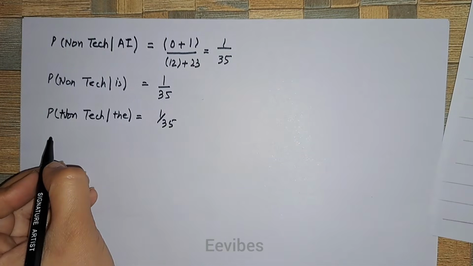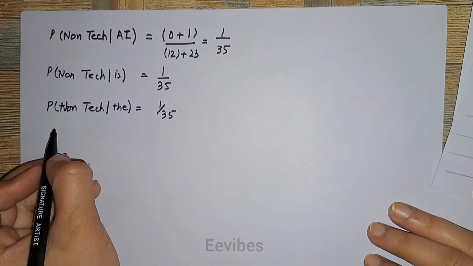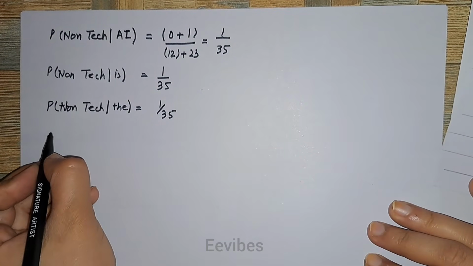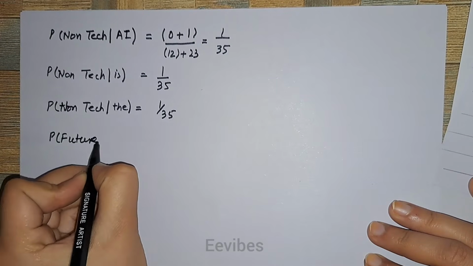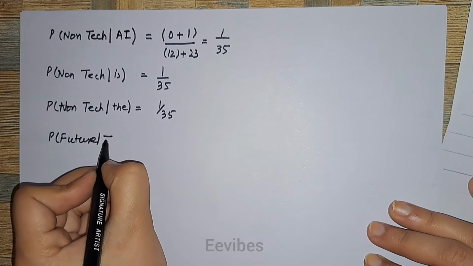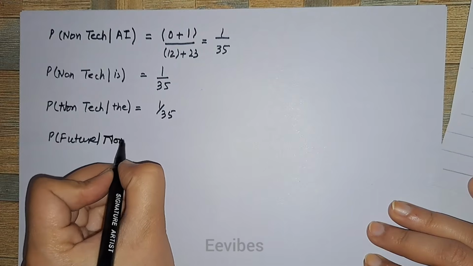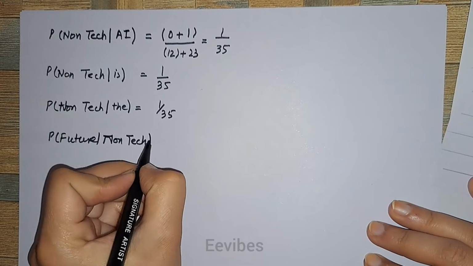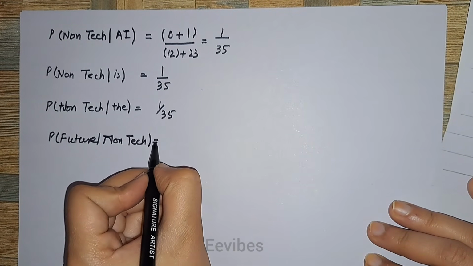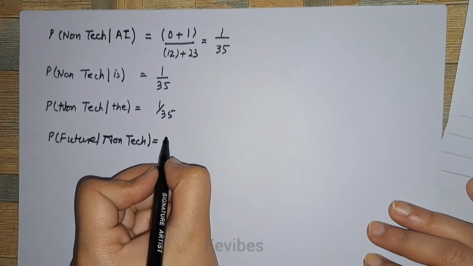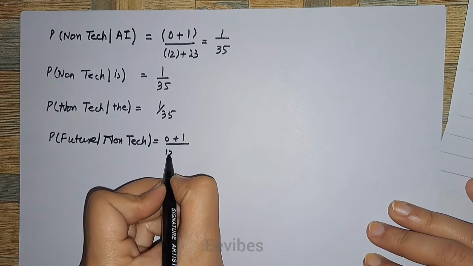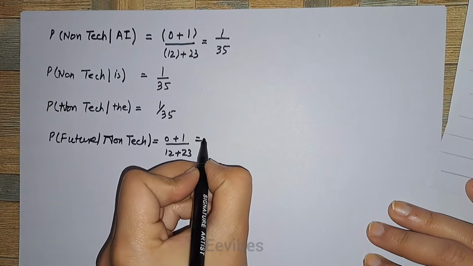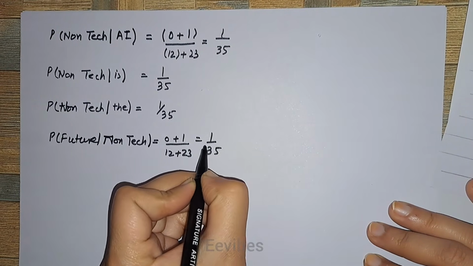Similarly, the probability of "future" belonging to class non-tech is equal to 0 plus 1 divided by 12 plus 23 again, which gives us 1 over 35.